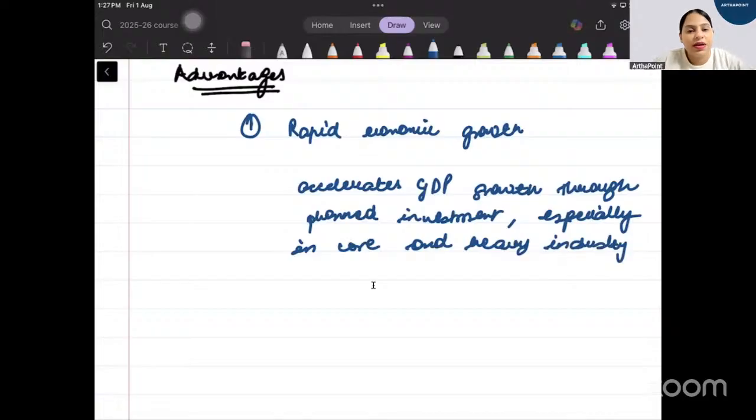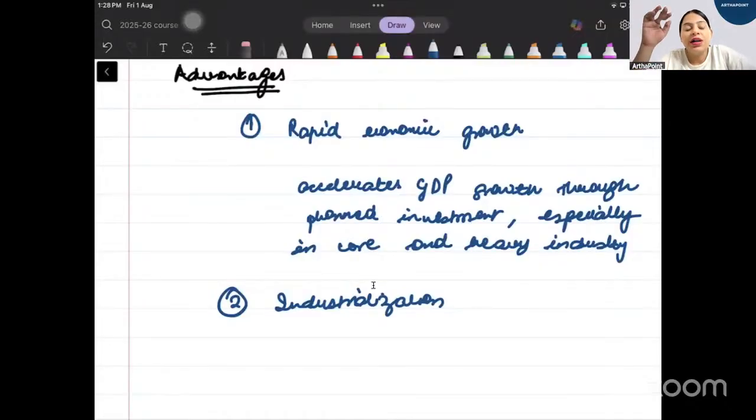right? Secondly, this can lead to industrialization, right? Just something that happened during the first 5-year plans of India. So, first few 5-year plans, right? Since everything was under the government, it can tell you that I want to focus on the capital intensive sector, or I want to focus on the large scale industries.